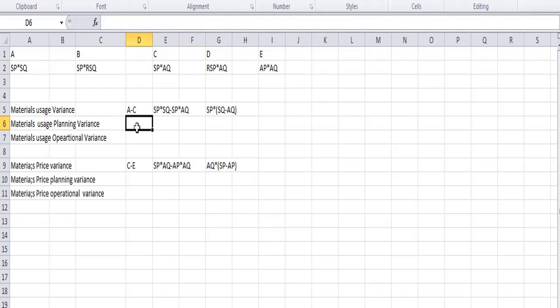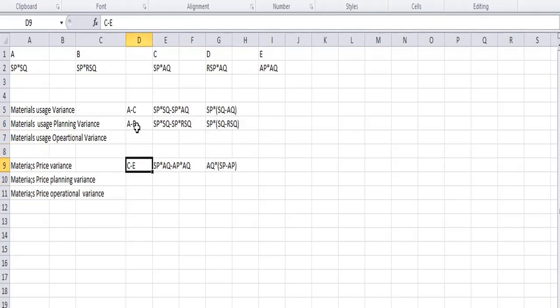Now how to get the material usage planning variance? By subtracting A minus B. So SP into SQ minus SP into RSQ, and what's common between these two? SP is common, we will take it out, and the remaining is SQ minus revised standard quantity.